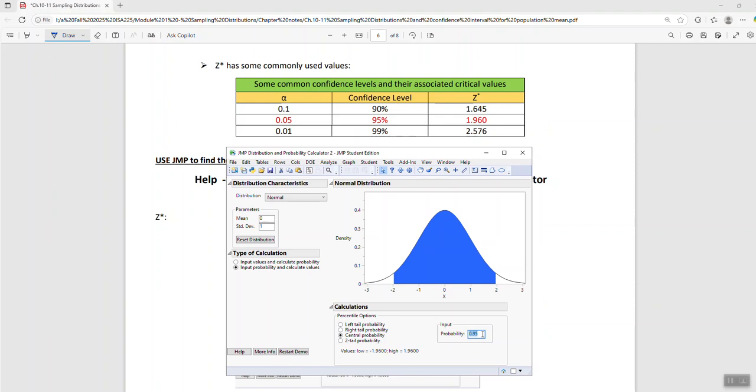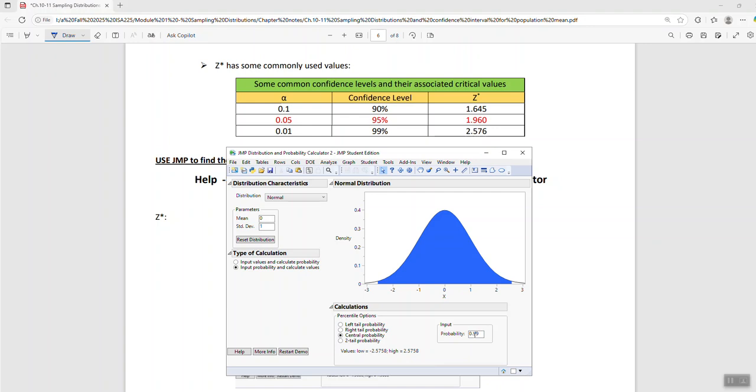Let's try a 90% confidence interval. That would be 0.90 in the middle. It would be smaller, which means the z value is also smaller. You can see that the z star will be 1.645.